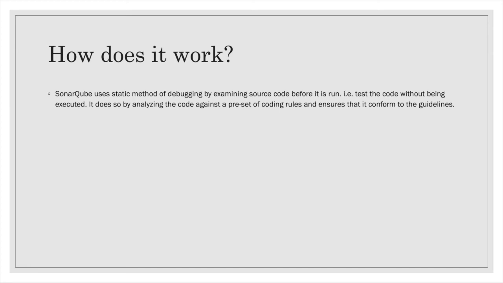Suppose in my team, we have some standards that are set by the team lead, as I said earlier. If we want to ensure that these standards are met, we use that tool.